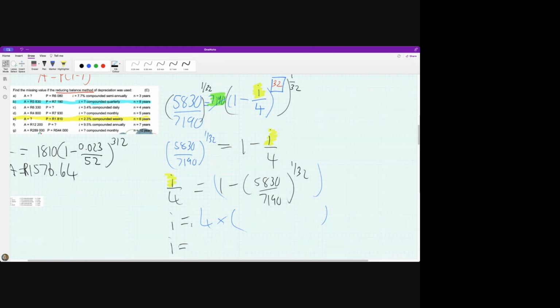A lot of calculator work today. 4 times open bracket 1 minus open bracket fraction 5830 over 7190 close bracket, to the power of 1 over 32, and then close the other bracket.